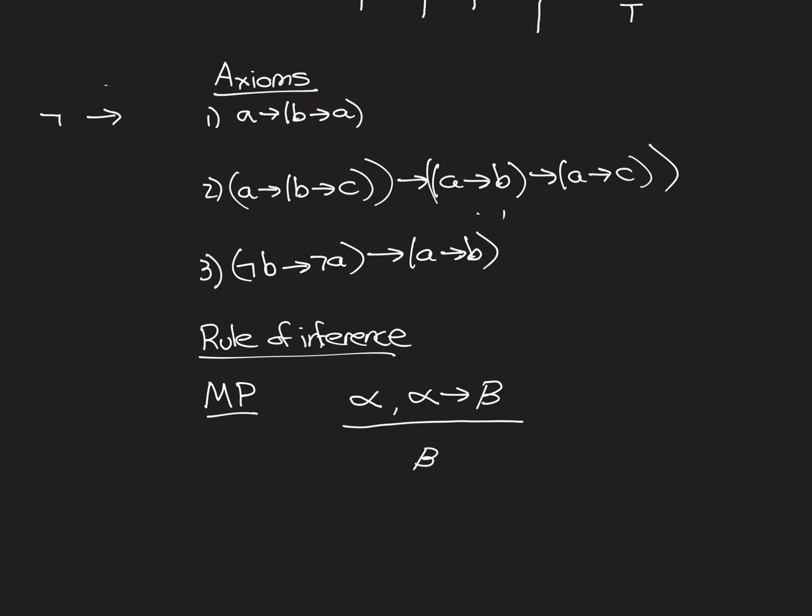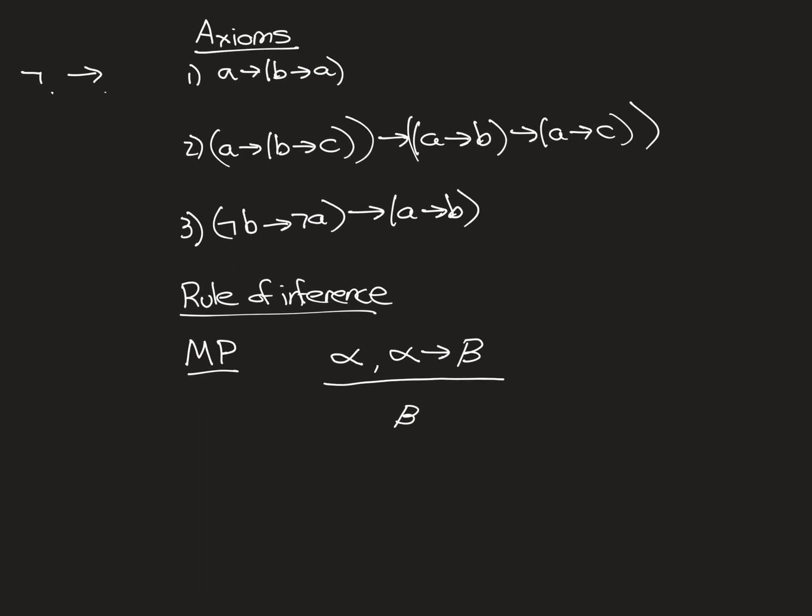So you'll have two things in your sequence previously, where one of them is the alpha and one of them is the alpha implies beta, and then you'll be able to add beta as the next element in your proof sequence by applying your rule of inference, which is modus ponens. And that's how we're going to formally prove things in our system, with the axioms and with this one rule of inference, and we're going to have to create a formal proof sequence. And we're going to try and do that for alpha implies not alpha implies not alpha.